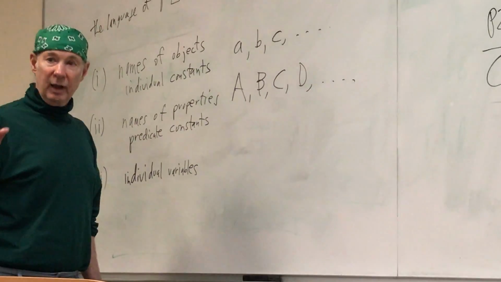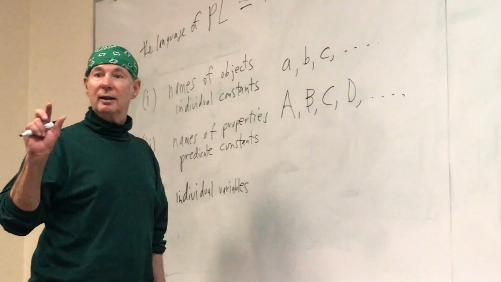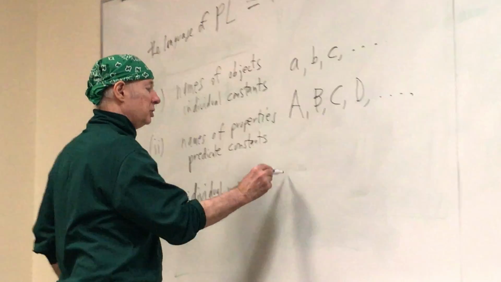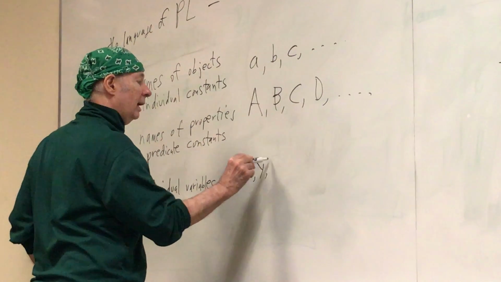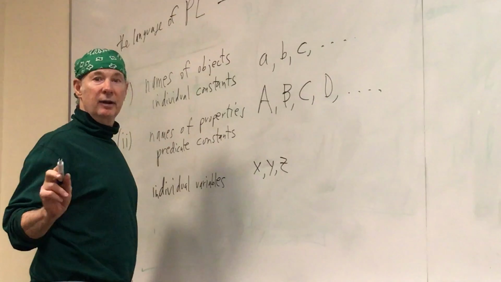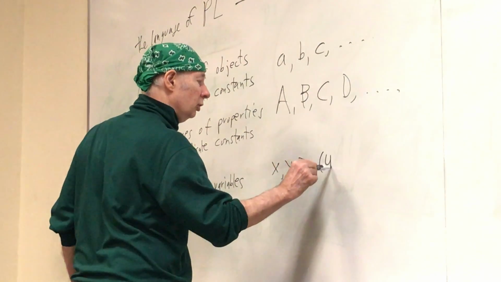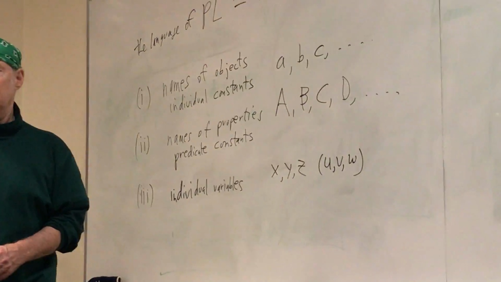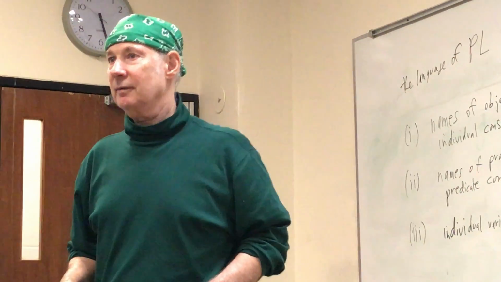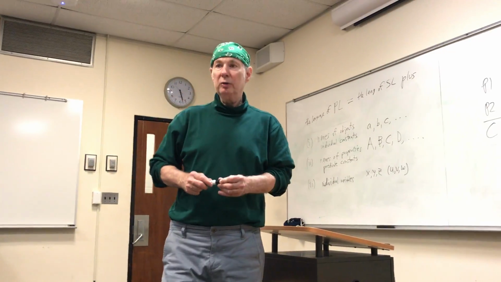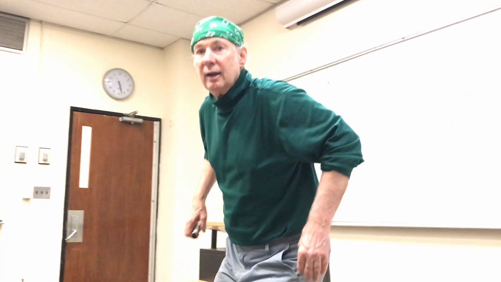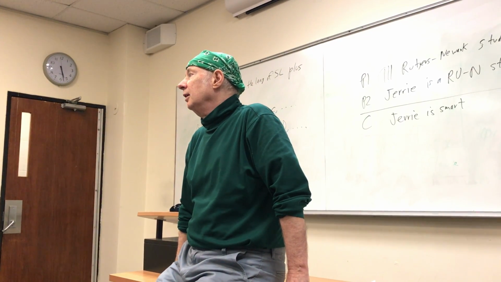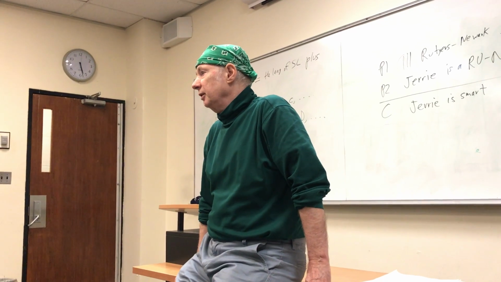And we're going to restrict what letters we can use for them. Restricted to X, Y, and Z. And if you need them, U, V, W. Those are the 6 letters, and only those 6 that are allowed as individual variables.